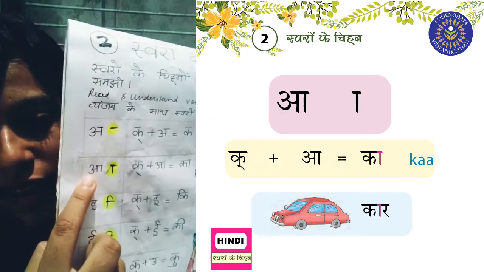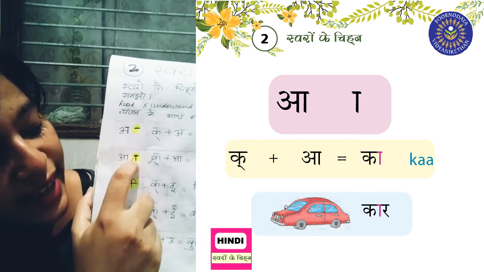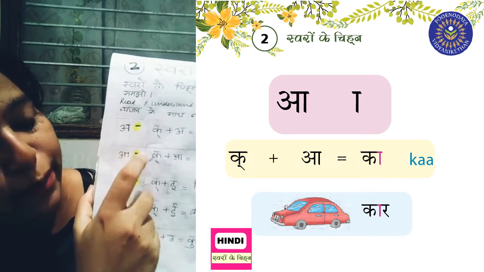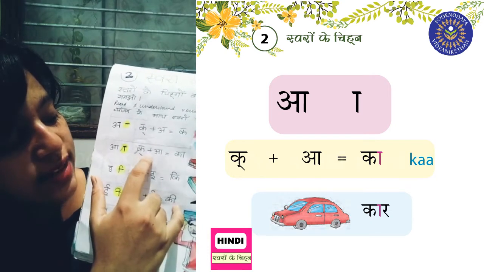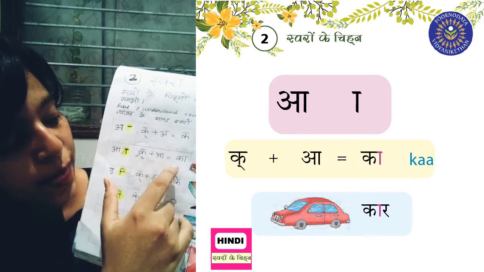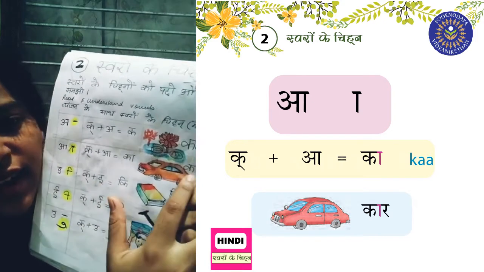So the next matra is aa. It has one standing line and one sleeping line on top. So the ka is combined with aa and kaa is formed. Car.